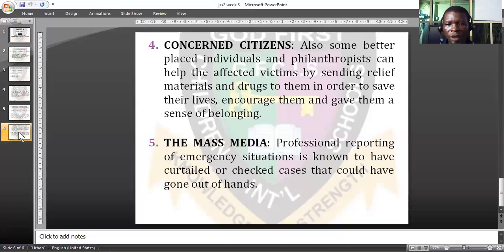The last one is the mass media. Professional reporting of emergency situations is known to have curtailed or checked cases that could have gone out of hand.